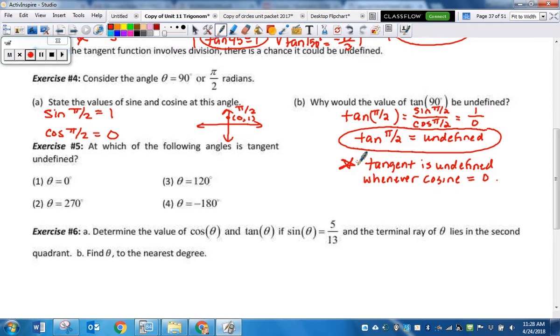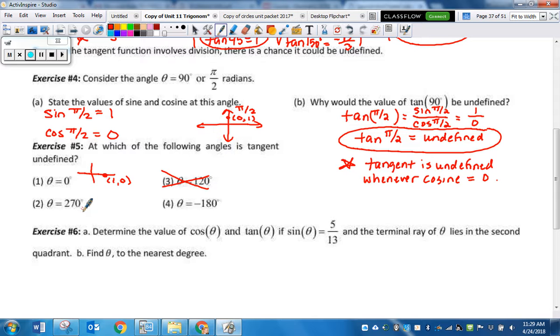All right, so at which of the following angles is tangent undefined? Which of these will make tangent undefined? Well, which one can I eliminate right away? 120. Not a quadrantal angle, out. Right? Okay, how about cosine and sine at 0 degrees? What are my coordinates at 0 degrees? 1, 0, right? And we're supposed to be doing sine divided by cosine, correct? Sine is the y value, so this would be 0 divided by 1.